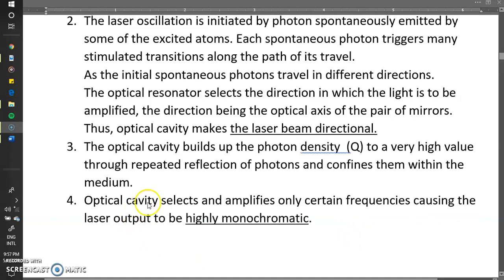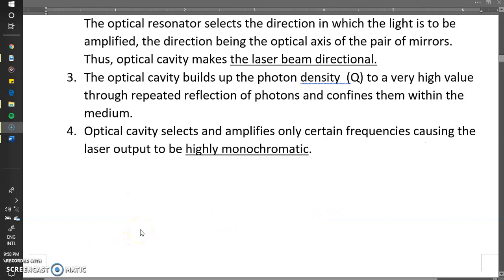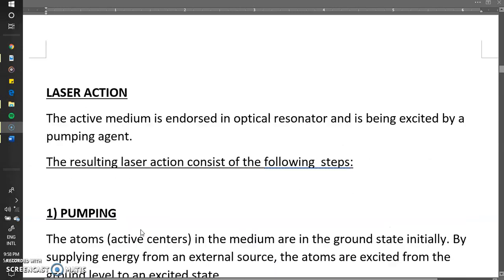The optical cavity selects and amplifies only certain frequencies, causing the output to be highly monochromatic. This is how the laser output is highly monochromatic.